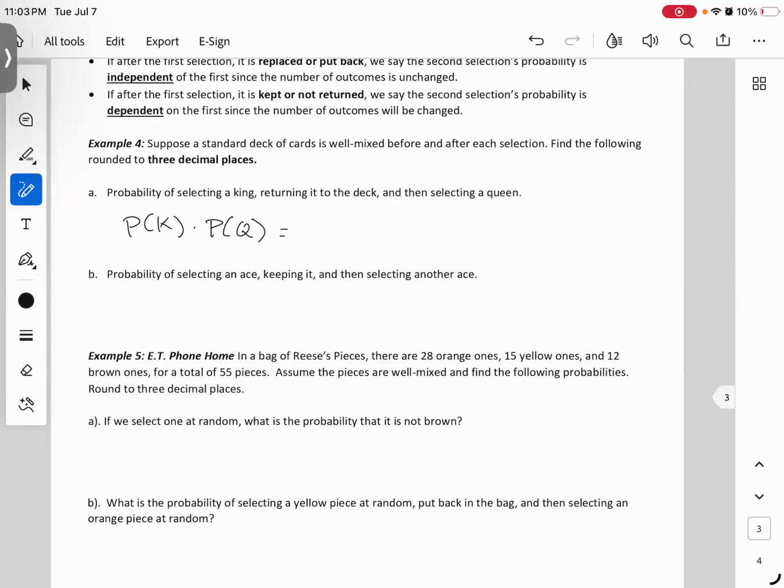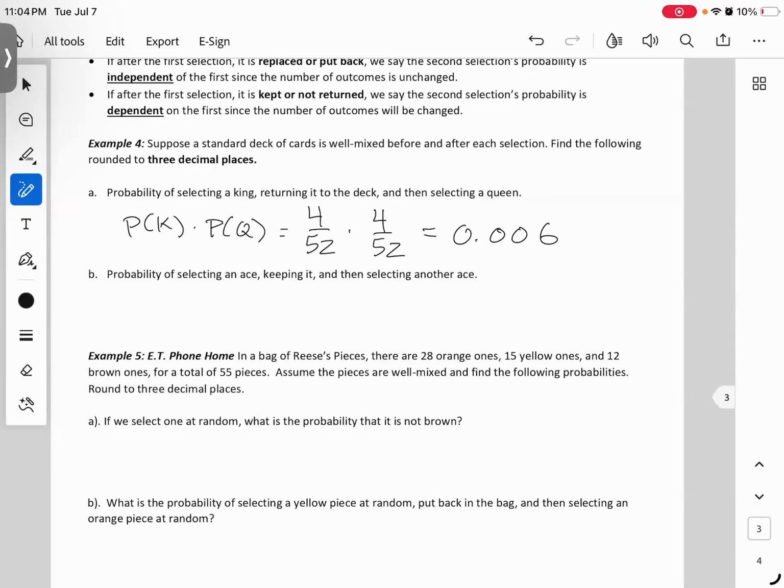I mean, it doesn't hurt. But if we're doing this, getting a king first, well, remember, there's only four of every type of card. So there's four kings and there's four queens. So it would be 4 out of 52 times 4 out of 52. You put that in your calculator and you would get your decimal answer.